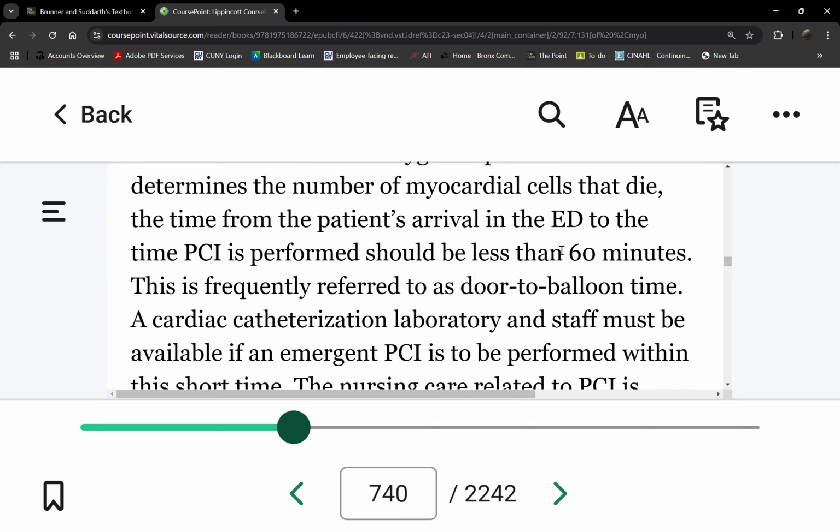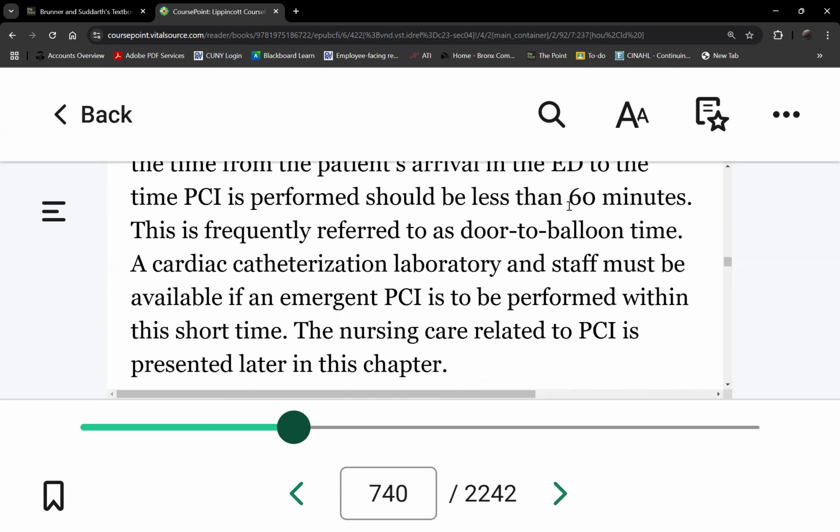And all cath lab or PCI capable hospitals can do it in 60 minutes or less. That's how efficient our care is now. So door to balloon time is 60 minutes. That's quite fast, right? When you hit the ER, in less than an hour, you're already in the cath lab and we already got the catheter in. We already saw the blockage. We already opened it. Okay, under 60 minutes.